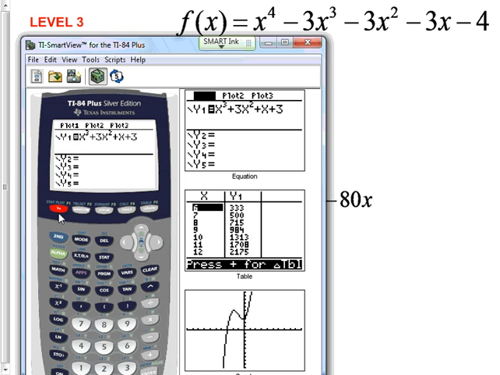Okay. Y equals x to the 4th minus 3x to the 3rd minus 3x squared minus 3x minus 4.